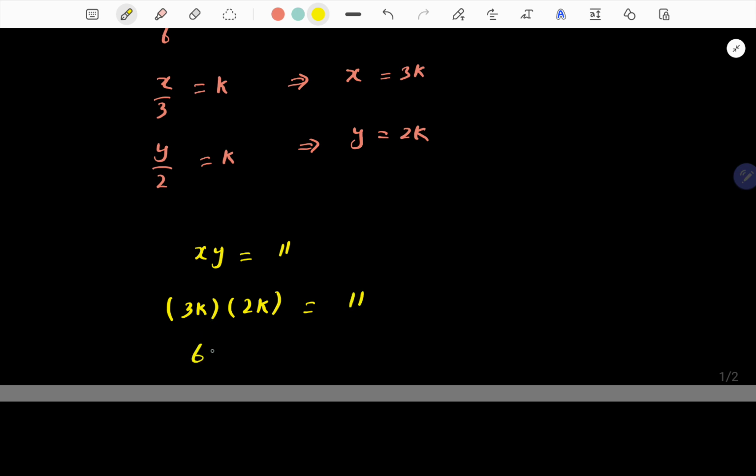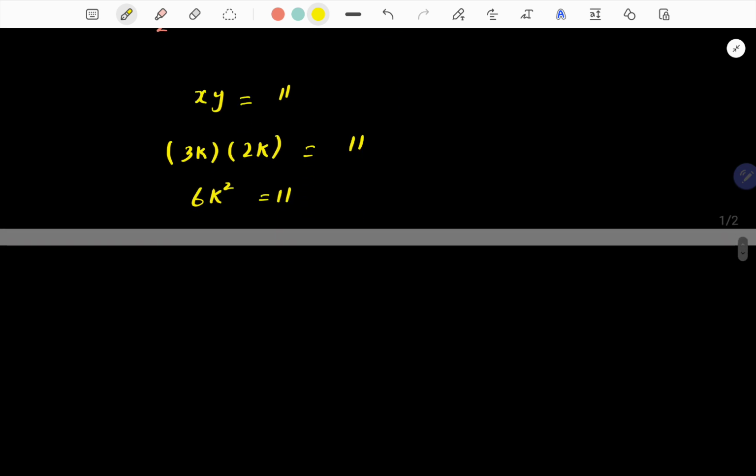So this is 6k square is equal to 11, and from here we find k square is equal to 11 by 6. Here we have got the value of k square.